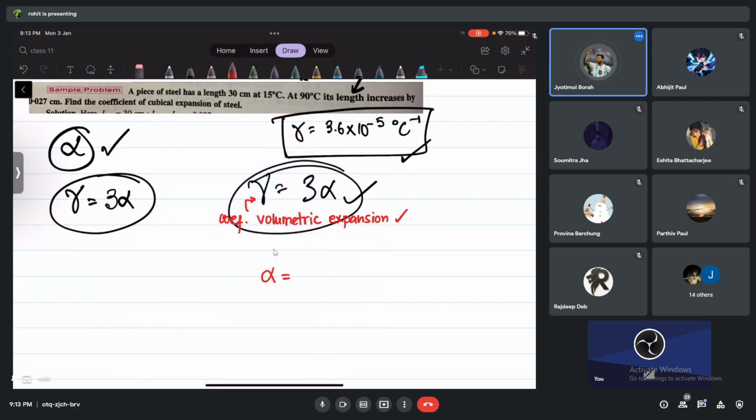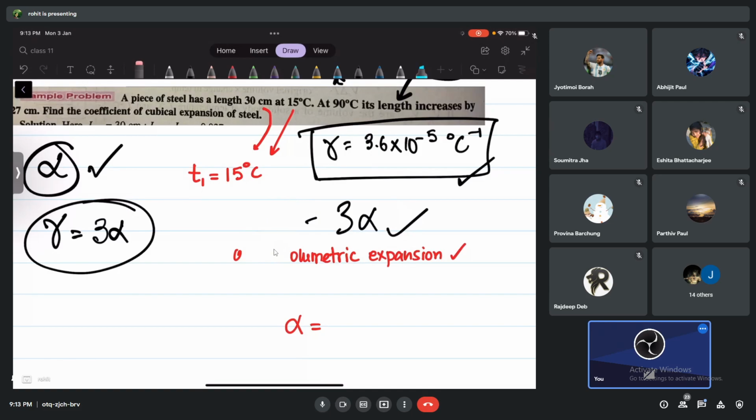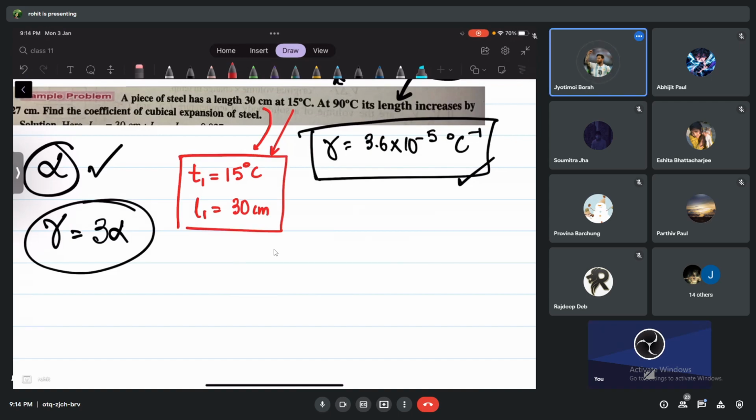This is the length at 15 degrees. How did you write it? Check. What's temperature 1? Initial temperature. 15 degrees Celsius. Then how did you write the length L1? L1 minus L1 is how much? 30 centimeter. At this temperature, this is the length, right?